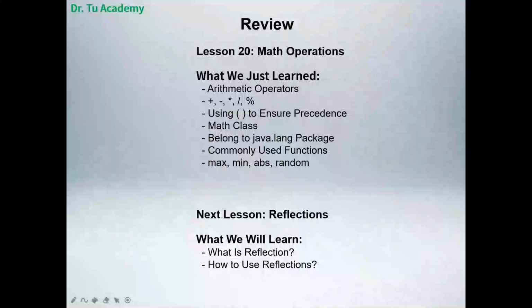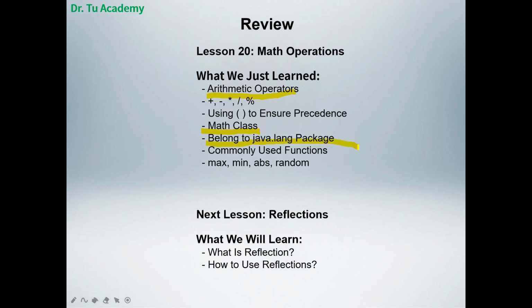Now let's take a quick recap of what we just learned about the math operations. We use arithmetic operators to do simple arithmetic operation. For complex math operation, we can always use the built-in Math class which belongs to the java.lang package.